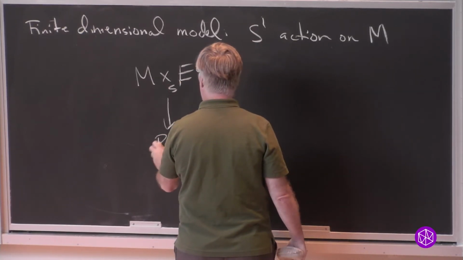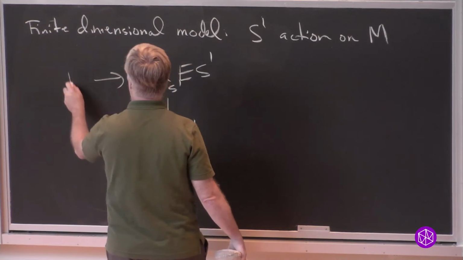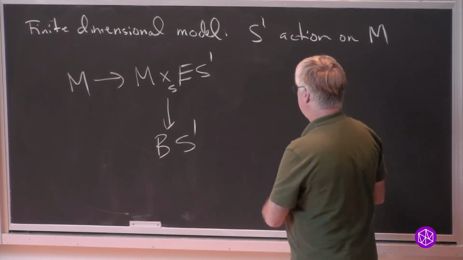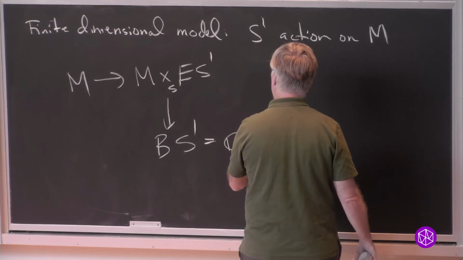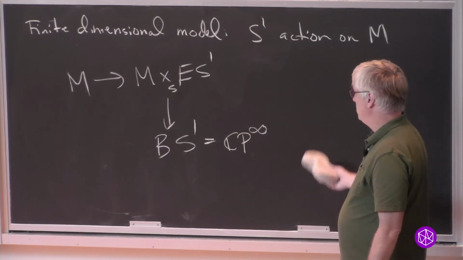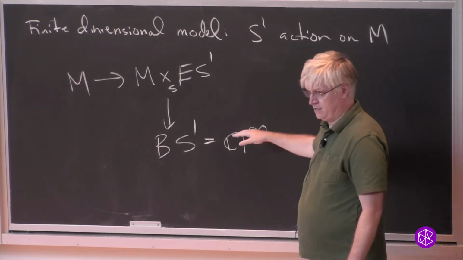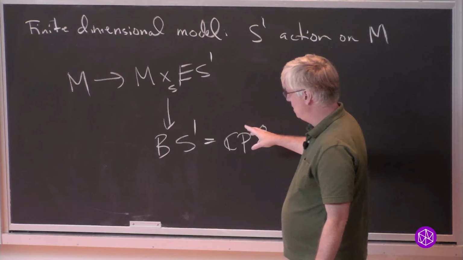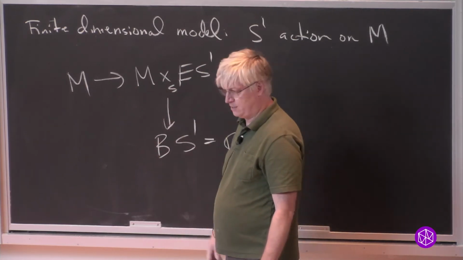This maps to BS1 with fiber M. Here BS1 is CP infinity, and you can think of this as a direct limit of doing this over CPn as n goes to infinity. When you have this bundle over CPn, you've got a nice bundle with fiber M, and you can do exactly this construction.